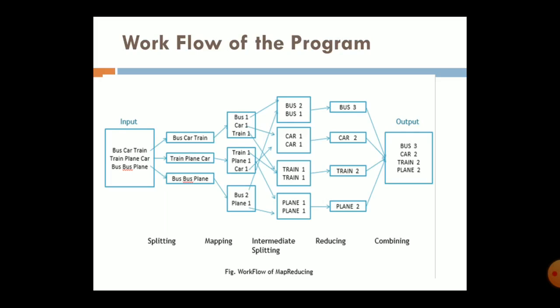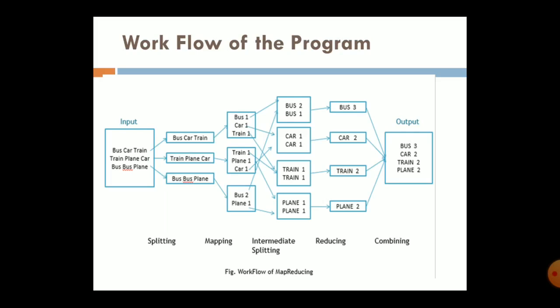Here, related to the example we have taken, the input was bus, car, train, plane, certain different words we have given. So it is parallelized. A data node will take some part of the input file, another data node will take some other part of the input file, and so on.